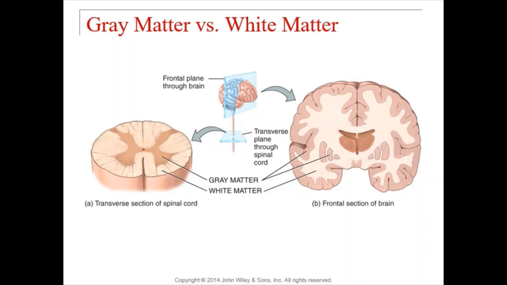And the same thing occurs for the brain. It's just that the locations are a little different. On the image to the right is a coronal section of the brain. You can see the periphery now looks darker because that's where the gray matter is. It's more superficial, or more in the periphery of your brain, while the central portions of the brain are more white matter.